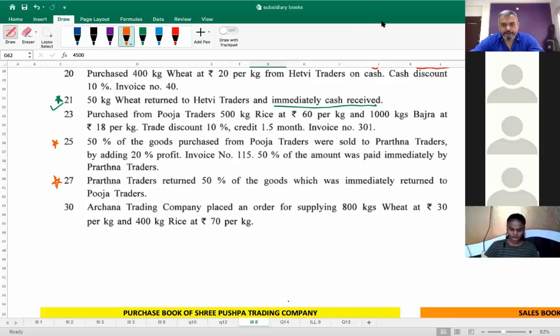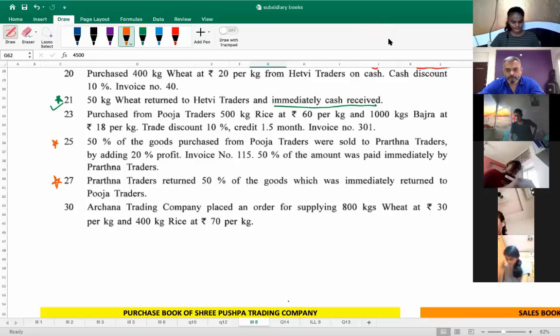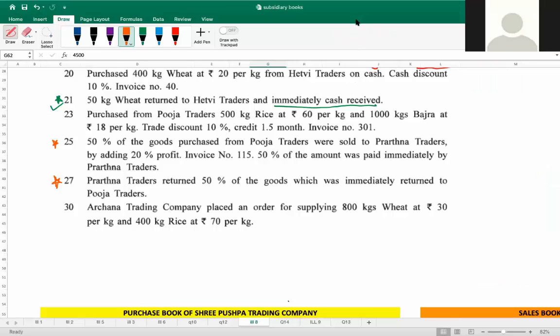Has everyone followed till here? Should I proceed now? Yes, sir. Okay, please be careful and watchful. Now, 50% of goods purchased from Puja Traders were sold to Prathana Traders by adding 20% profit.